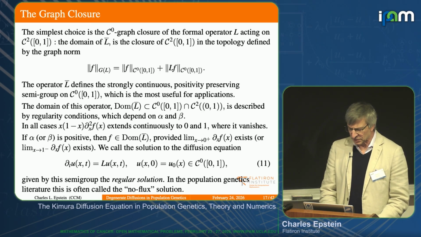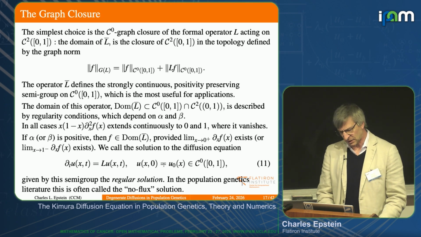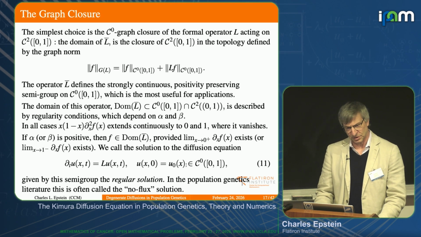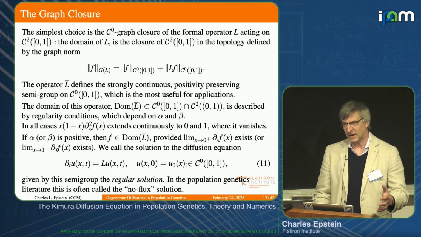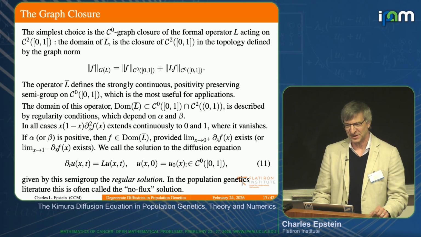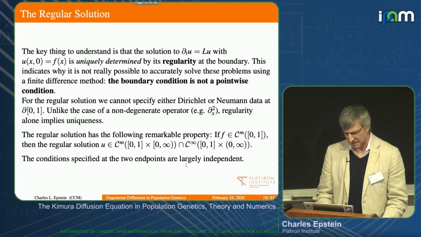Now, we call the solution of the diffusion equation from this particular choice of closed operator the regular solution. In population genetics literature, this is often called the no-flux solution, because it can also be defined by a condition that looks like a flux condition on the first derivatives at the boundary, scaled by certain factors.